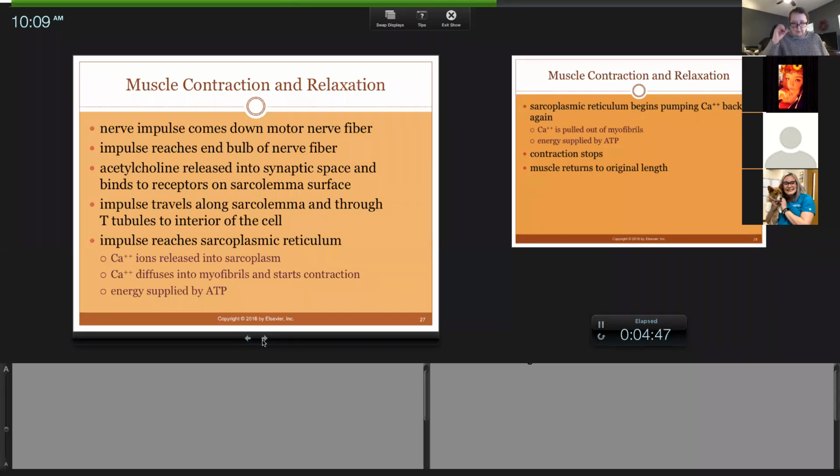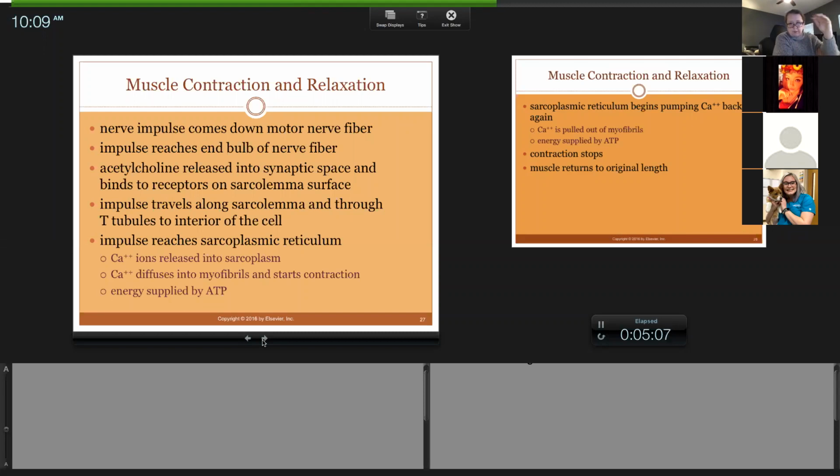When calcium diffuses into those little myofibrils, it's going to start to contract. And the energy to do that is ATP, adenosine triphosphate. You can put ATP. But I want you to be familiar with the steps.